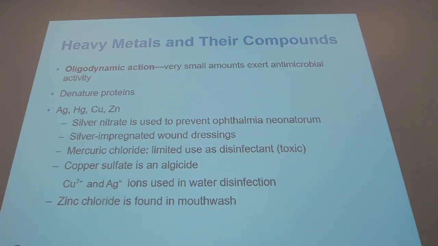When neonates go through the birth canal, if the mom has Neisseria gonorrhea in her vagina, that can go into the eyes of the baby, and that, of course, can create a serious infection in the eyes, leading the baby up to blindness. So in that case, they use silver nitrate drops to prevent what is called ophthalmia neonatorum.